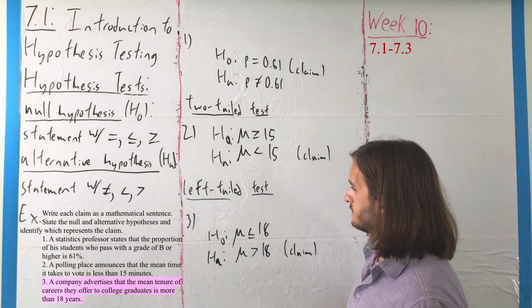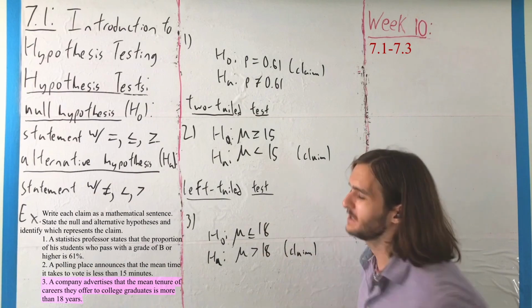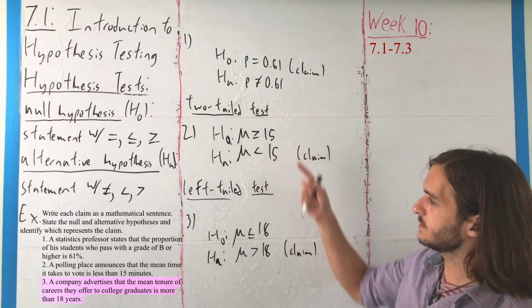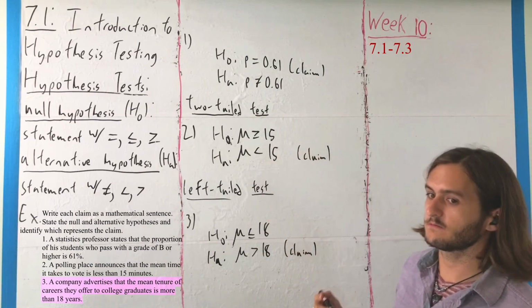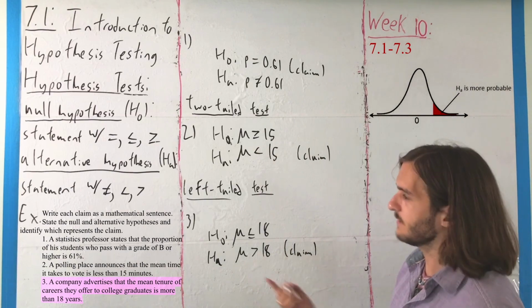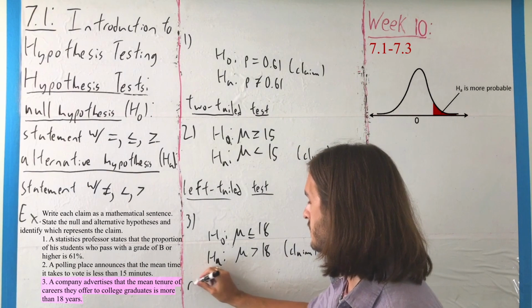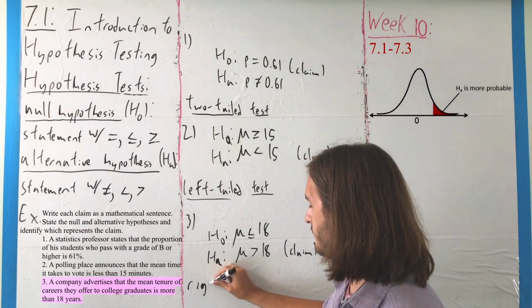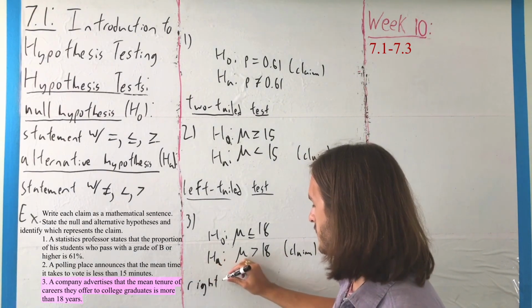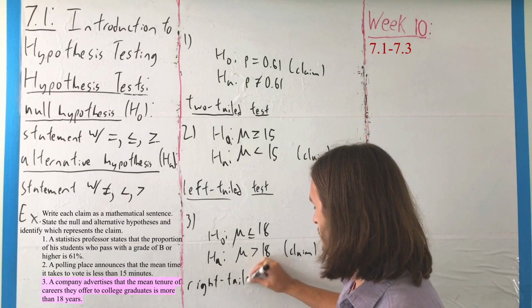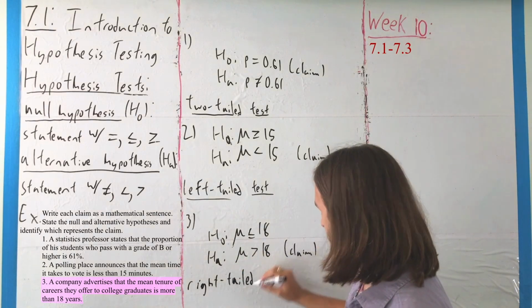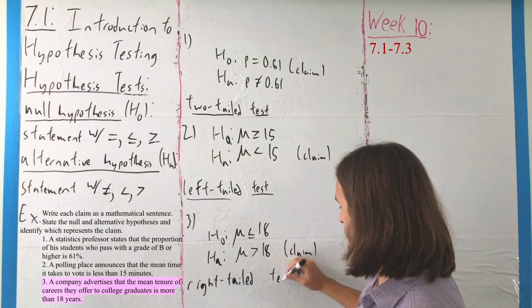And hopefully by process of elimination, you can probably tell that if we have 2 there, left here, this is probably right. And for that matter, it is definitely a right-tailed test because we're looking for things bigger than 18. But that's what we would classify this as, and as I said, you'll get a clearer picture of that later on as we spend some more time developing these ideas.